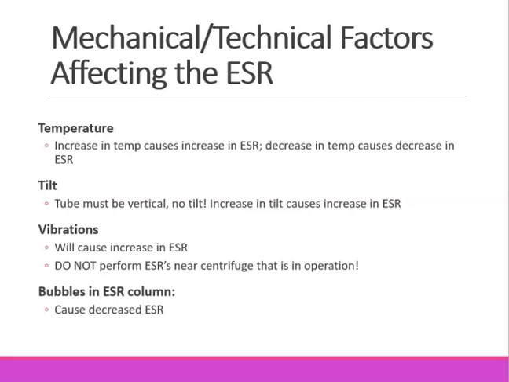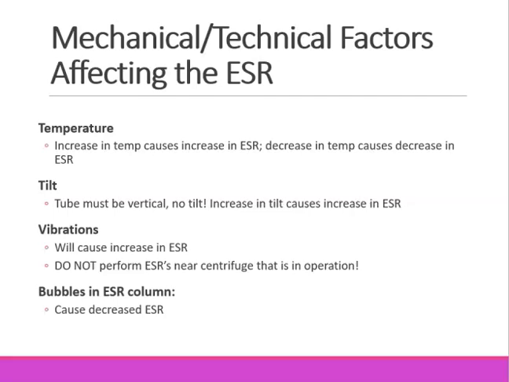Also, we must be conscious of vibrations. Vibrations will cause an increase in our ESR readings. So do not perform ESRs near a centrifuge that's in operation or on the same countertop, because the vibrations from that centrifuge can cause your red blood cells to drop more than they normally would, which would increase your ESR reading.